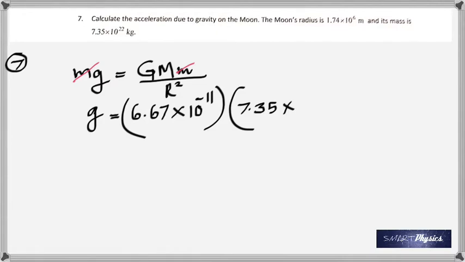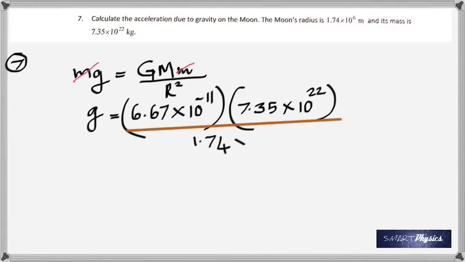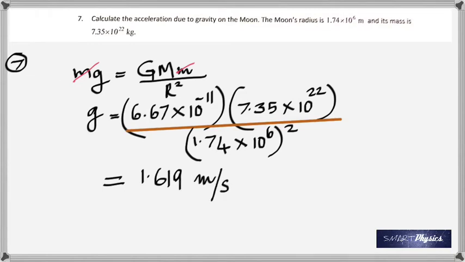All you got to know is the mass of the planet, or in this case the mass of the moon, and the radius of the planet. Caps G is the universal gravitational constant. The answer is 1.619 meter per second squared.